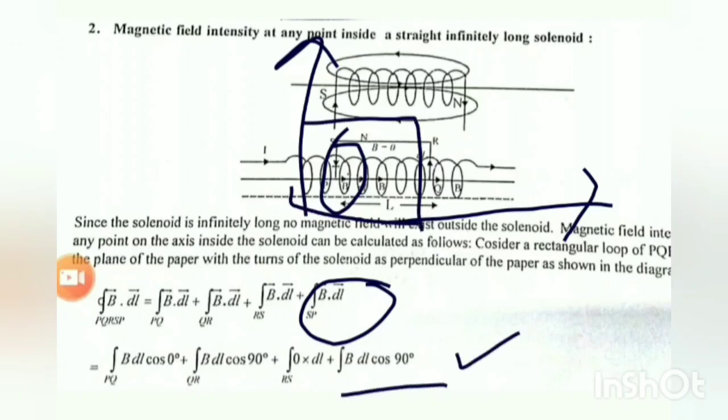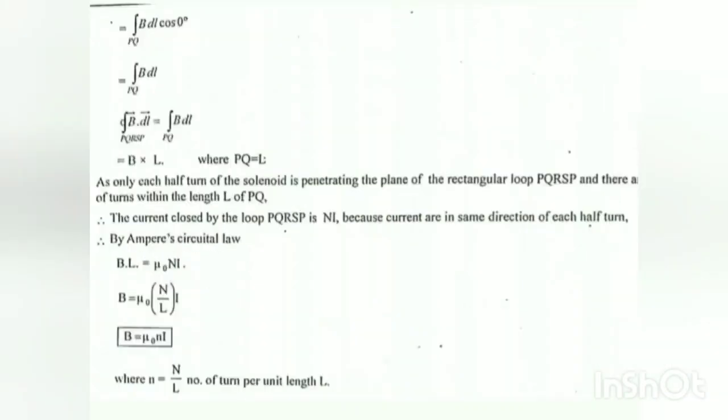So we write cos 90 here. Now cos 90 becomes 0 and we get only the first term, that is B dl cos 0. Cos 0 is 1. So we get integral PQ B dl.